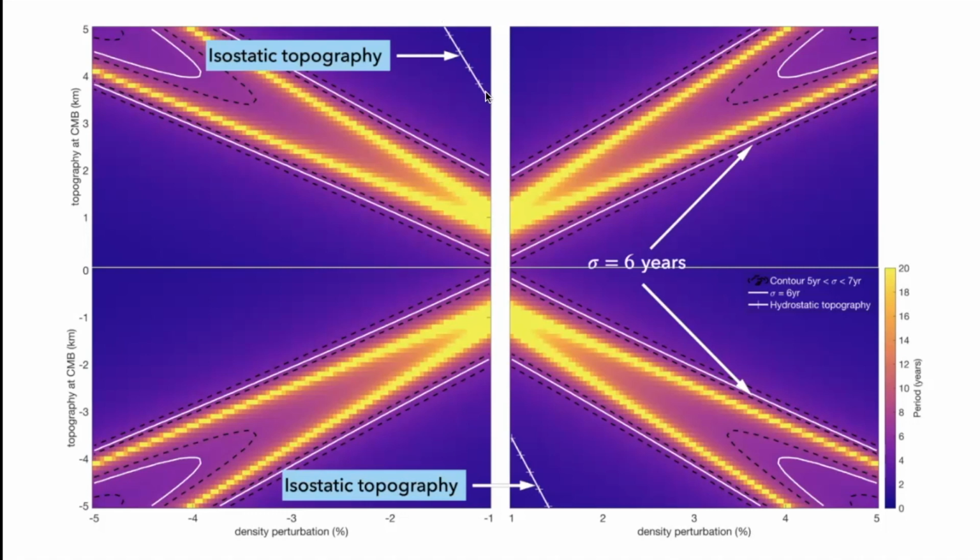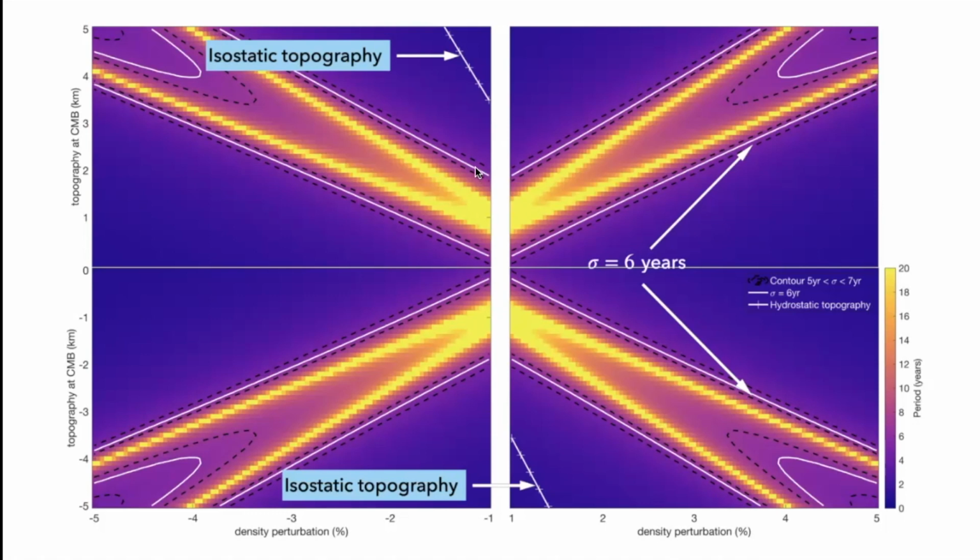And even in the most favorable cases, which is positive density perturbation and negative topography, so it's the left case on the figure I showed earlier, and negative density perturbation and positive topography at the CMB, which is the right figure on the mechanism figure, we can see that even the isostatic topography doesn't get us close to a 6-year period.